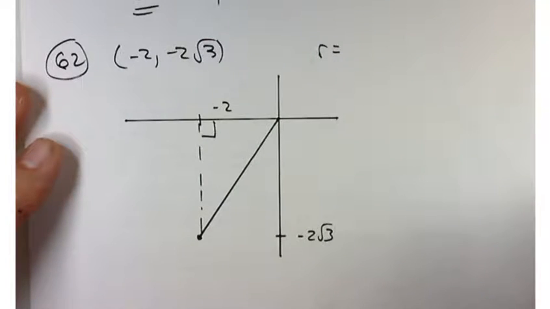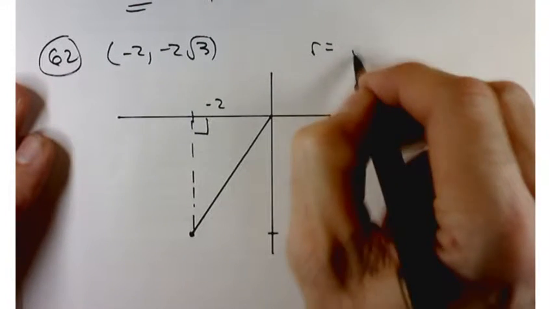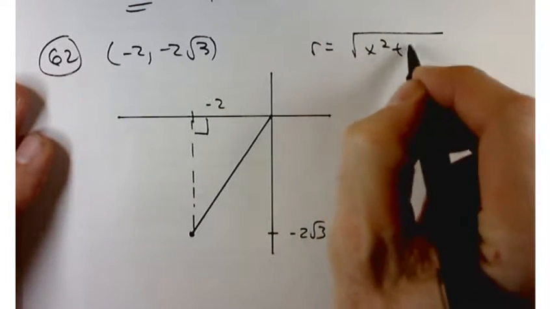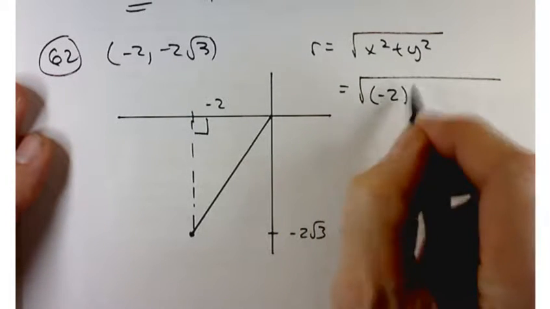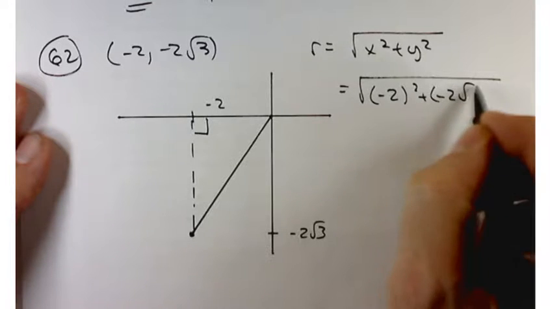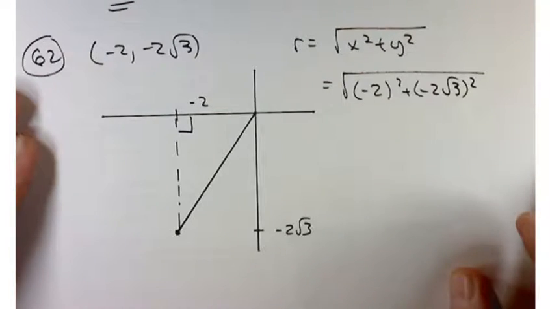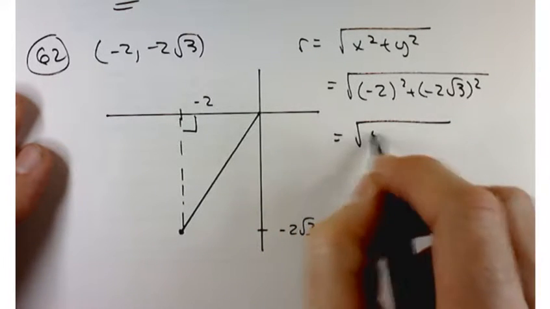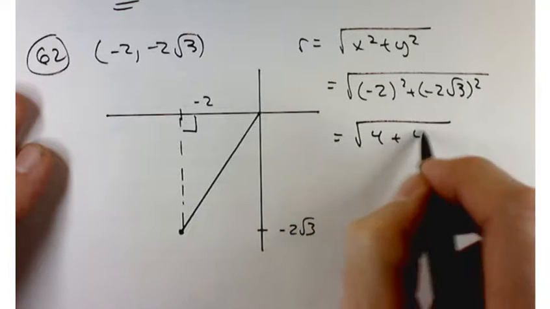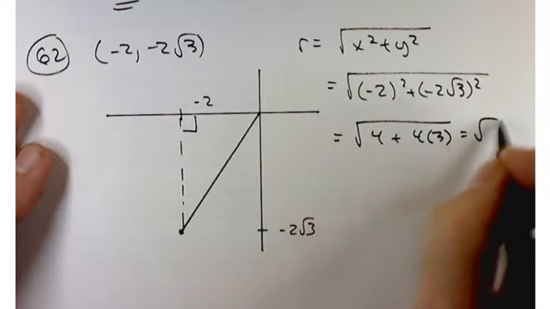What's the formula for r? Square root of x squared plus y squared. Plug things in: -2 squared plus -2 square roots of 3 squared gives me 4 plus 4 times 3.